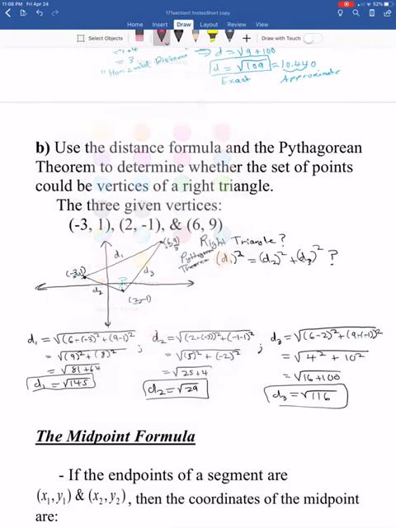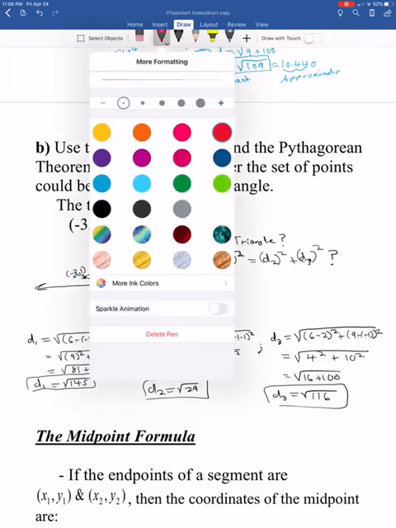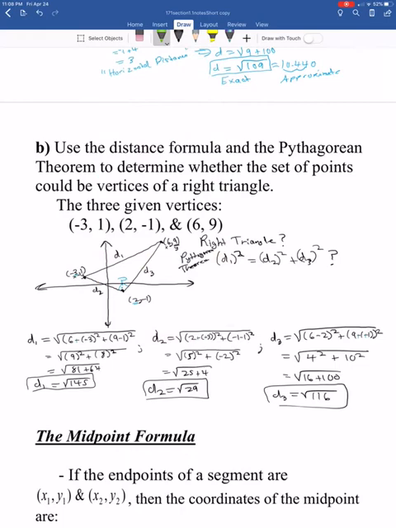So back to our problem. Looking at this problem here, let's write in here. D1 squared, which was the square root of 145 squared, equals D2 squared, the square root of 29 squared, plus D3 squared, the square root of 116 squared. As we simplify, that's 145 equal to 29 plus 116.